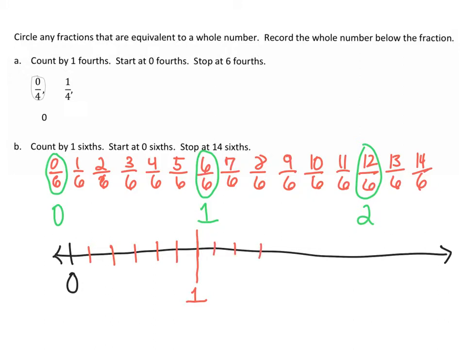1, 2, 3, 4, 5. And this is going to represent our second whole. And then we can continue on. And that would bring us to the next whole.